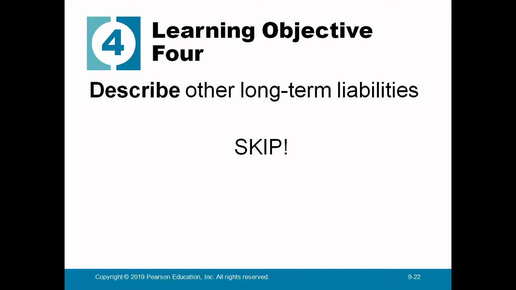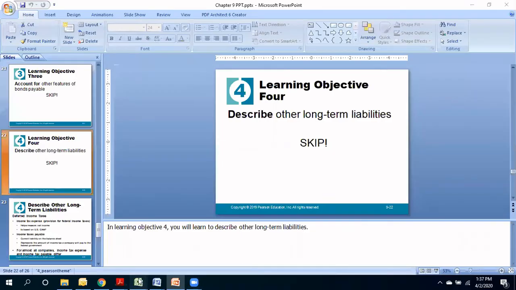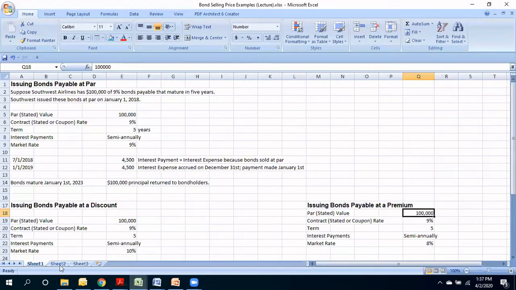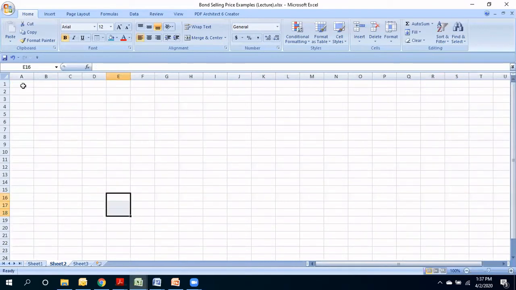So the idea of an installment note is basically you borrow a sum of money at a fixed interest rate, and that installment note is paid back over time with a combination of principal and interest. And so you might say, well, how does that work? Well, let me go back to my spreadsheet here, and let's do some real simple examples.